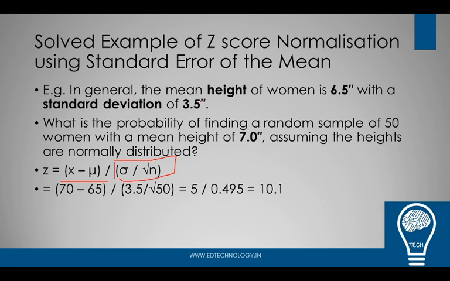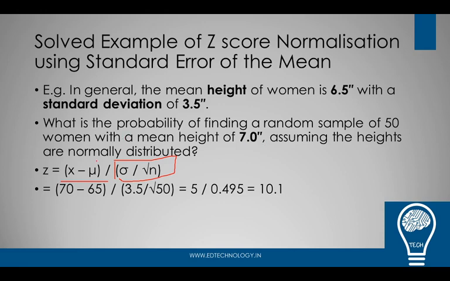In general, the mean height of women is 6.5 with a standard deviation of 3.5, all in inches. What is the probability of finding a random sample of 50 women with a mean height of 7 inches, assuming the heights are normally distributed?